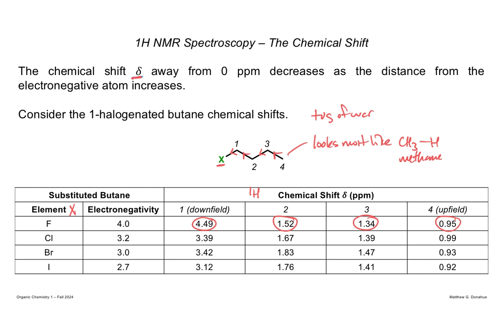So in this molecule, I'll just draw the fluorine. So this would be called fluorobutane. And so each set of hydrogens is going to be unique. So that's what we're seeing here. 1, 2, 3, 4. That's the 4.